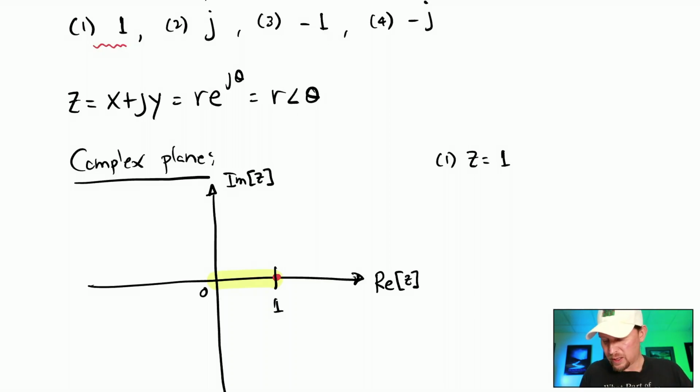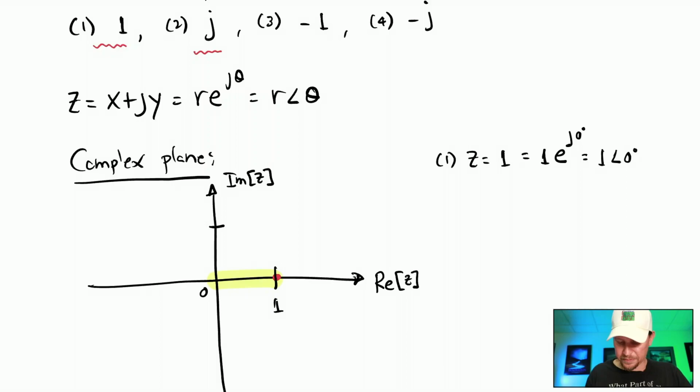So equivalently, this same number can be rewritten as 1 e to the j 0 degrees, or in our notation, this is 1 angle 0 degrees. Being able to go back and forth between the Cartesian form and the polar form is going to be extremely useful. The second number I want to take a look at is the number j, right?